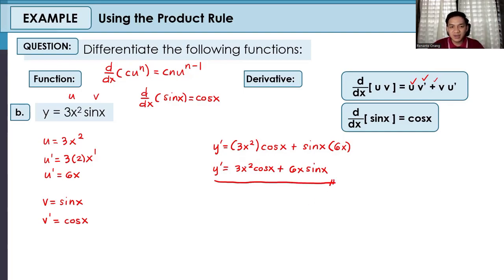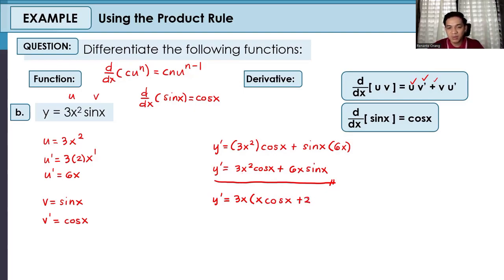Or pwede din nating i-factor out yung the same sa kanilang dalawa. That is y prime is equivalent to 3x. So, ilalabas natin si 3x. X na lang yung matitira. We have x cosine of x. Plus, eto, lalabas natin si 3x. Etong 6 divided by 3 is 2x.